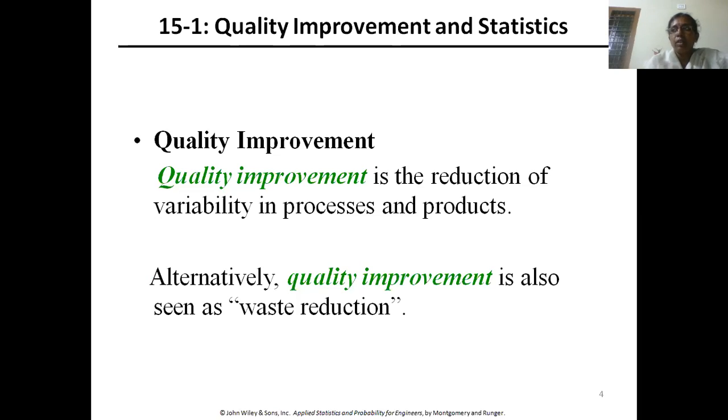Whenever that difference between the two products, that variability, is reduced, that is called quality improvement. So quality improvement is nothing but reduction of the variability in processes and products. Or alternatively, we can define it as quality improvement is also seen as waste reduction.